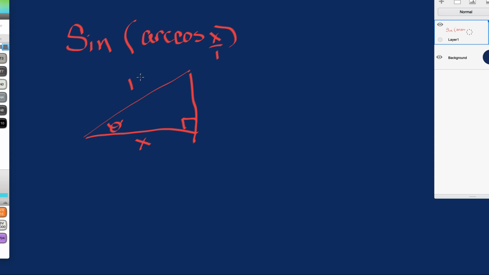Well, using the Pythagorean theorem, remember this would say that 1 squared equals x squared plus whatever you're trying to find, right? We can also write it as b equals the square root of c squared minus a squared.